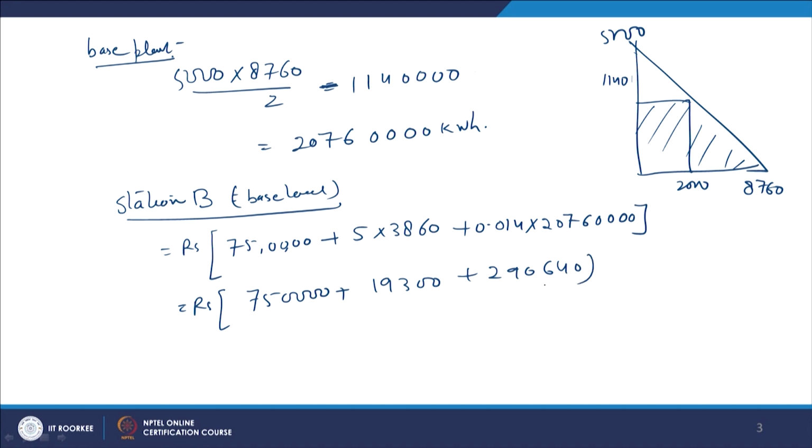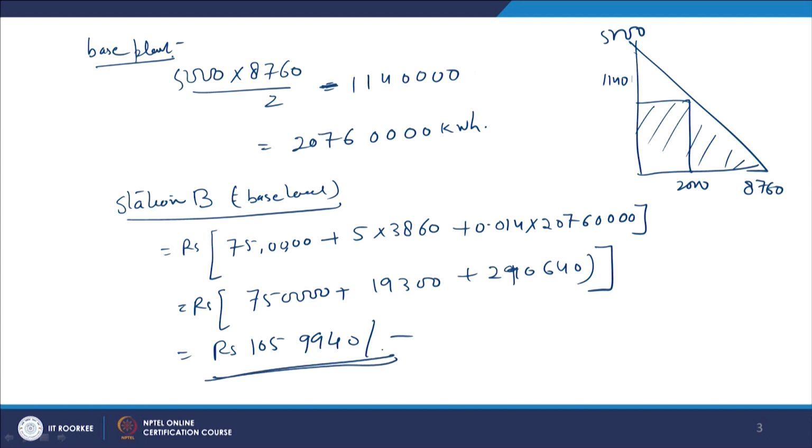So, just a difference of 0.1 paisa, you can see how much difference it will show. So, this is going to be equal to a total cost of rupees 105,9940.